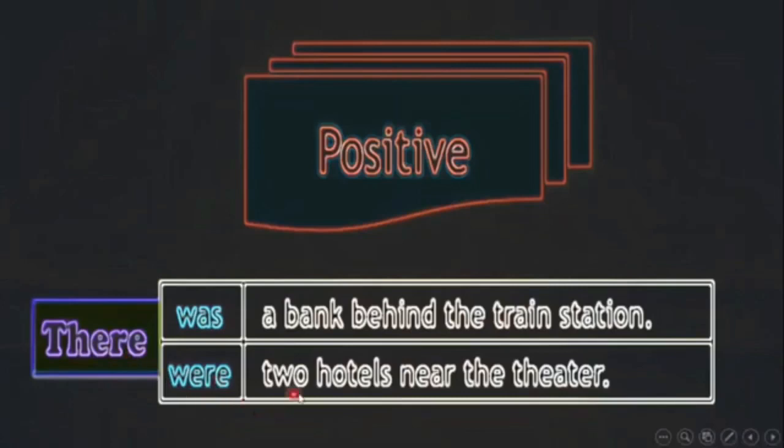There were 2 hotels. Look here, my students. To the noun hotel, we add s. This means that this noun is a plural noun. There were 2 hotels near the theater. كان يوجد, okay? 2 hotels near the theater.